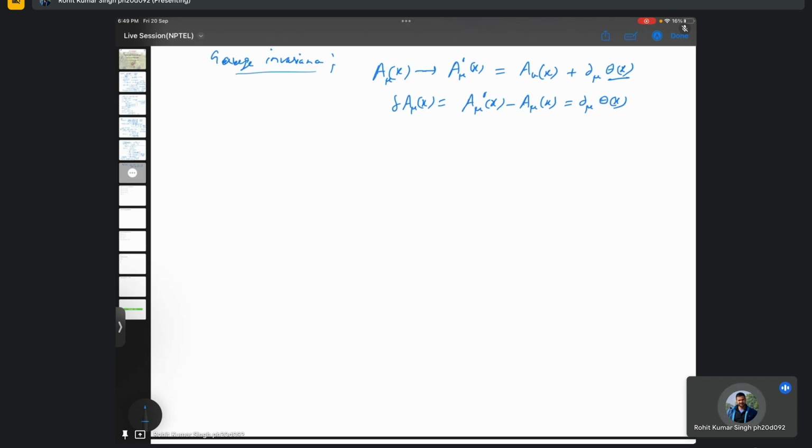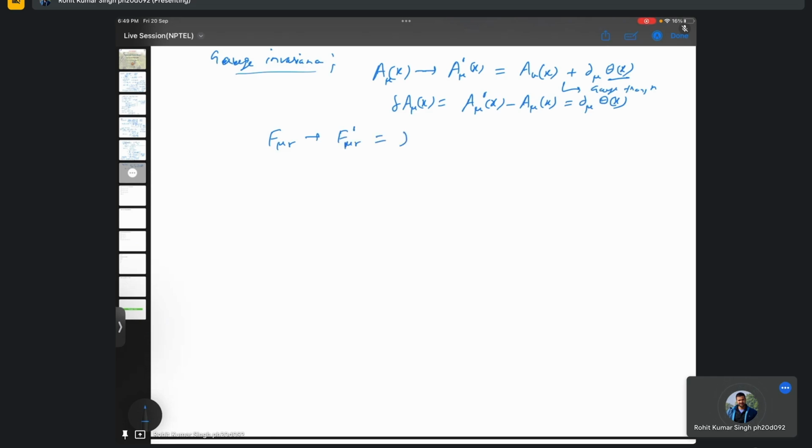Okay, so this is what we call the gauge transformation. Okay, and under this gauge transformation, how does our field strength tensor transform?